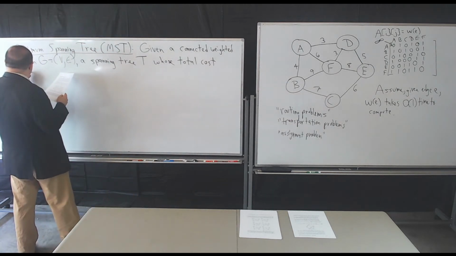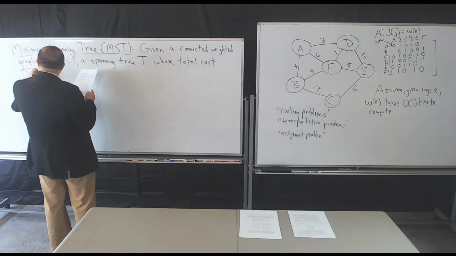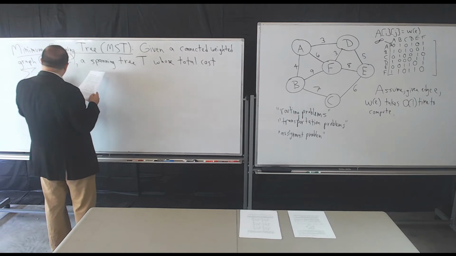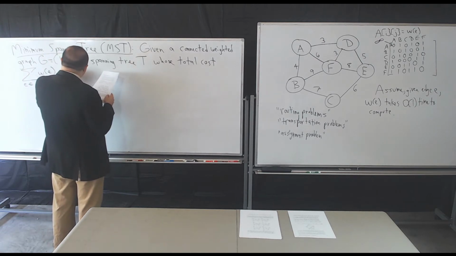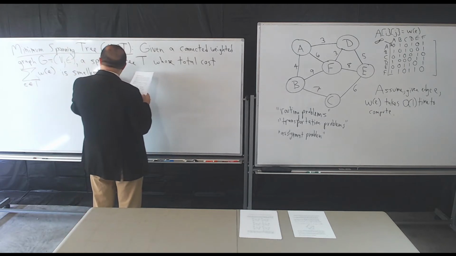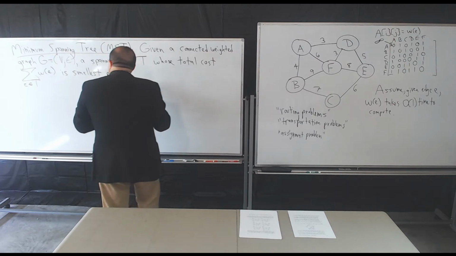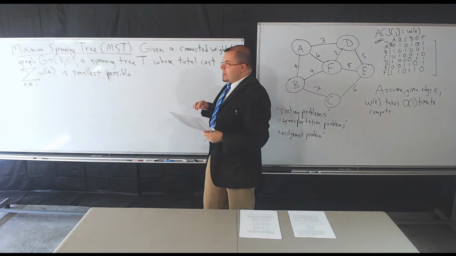So if I have each edge in my tree, I'm just going to sum over all of its weights. So my goal is to find one that is the smallest possible. So this is what a minimum spanning tree is.